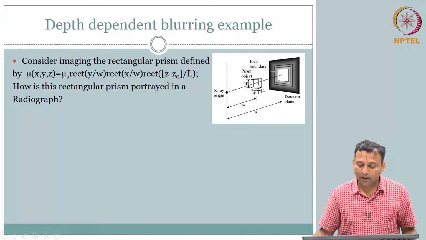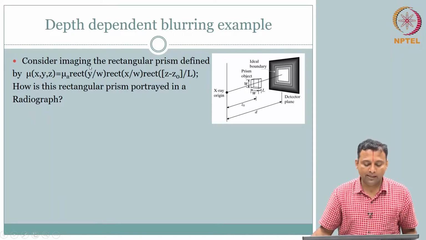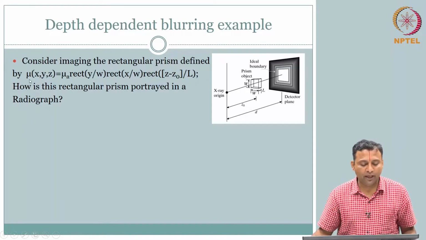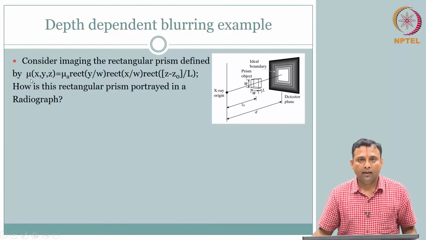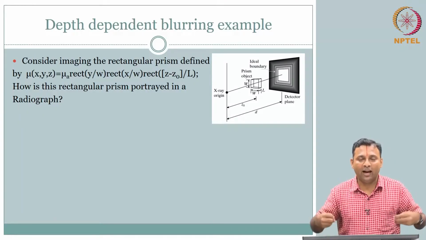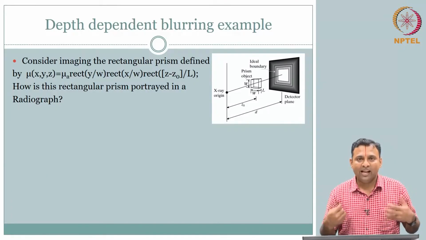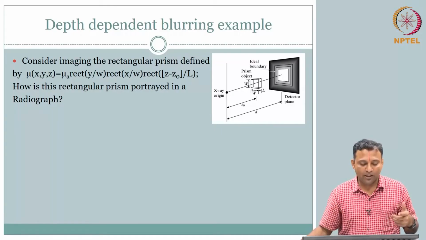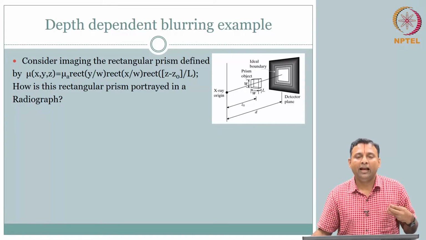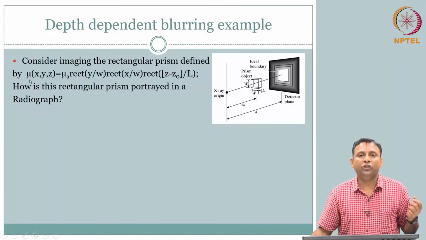The way we can look at it is, consider imaging a rectangular prism. Essentially I am saying this is my object. Remember silently what I have incorporated here. When I talk about the object, the underlying f of x comma y, I am talking specifically about the object being a distribution of your attenuation coefficient to X-ray.